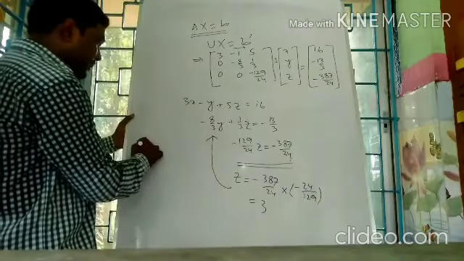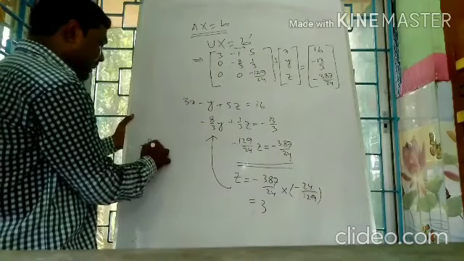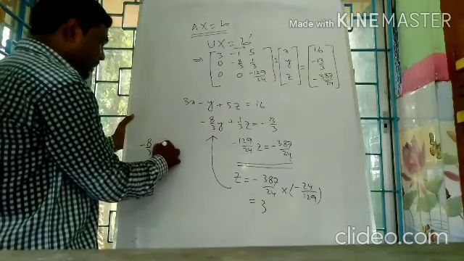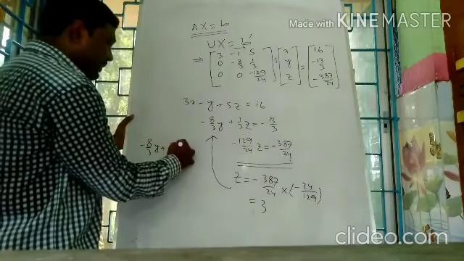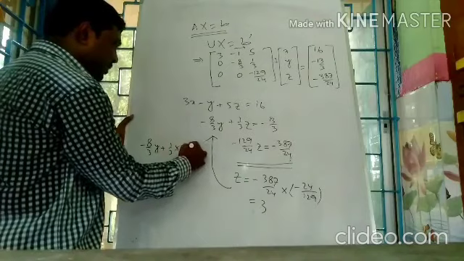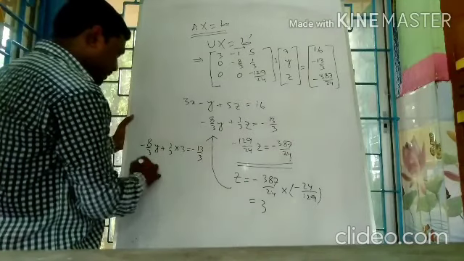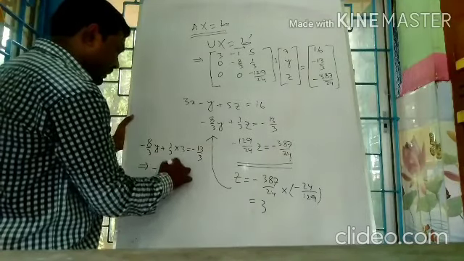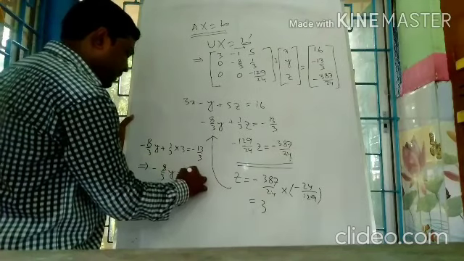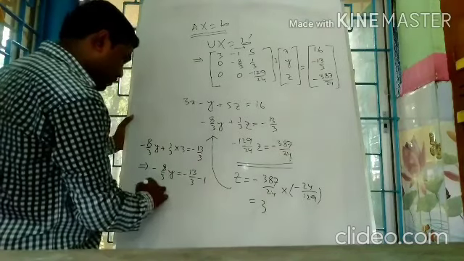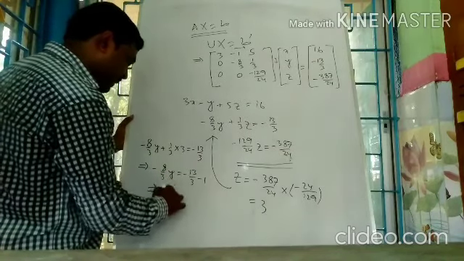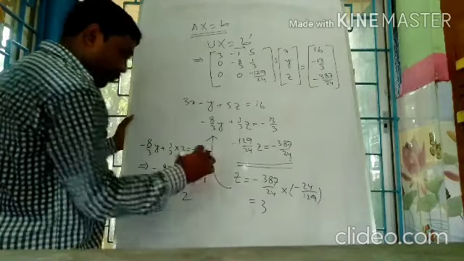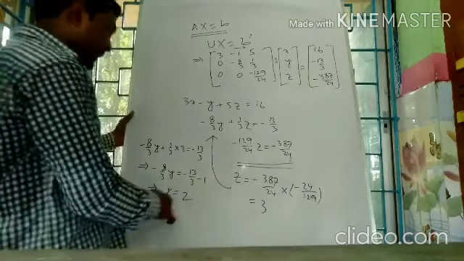So it is -8/3 y + 1/3 into z, z is 3, equals -13/3. So -8/3 y = -13/3 - 1. So y equals 2.